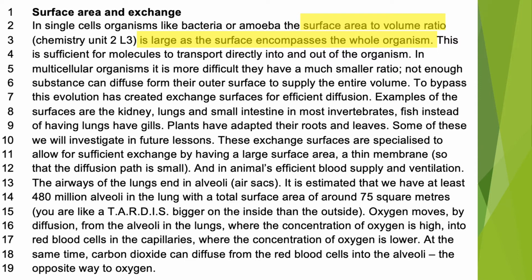They're just one cell. And so they actually have a really, really large surface area to volume ratio because their whole entire body can diffuse, right? They can move in and out of their whole body. So for them, this is sufficient for molecules to transport directly into and out of the organism.